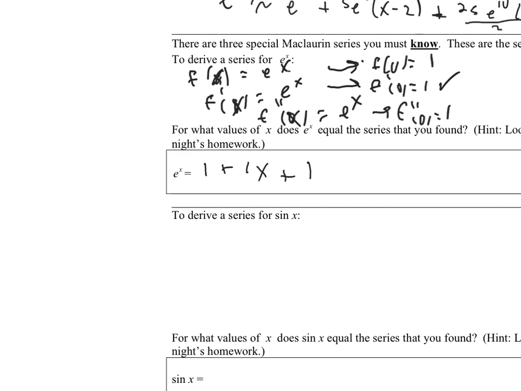And now remember what happened. It was a 2 power. So it's going to be x to the second, over the 2 factorial, plus the third one, which is another 1. X minus 0 is still x. X cubed over 3 factorial. And I remember that term, plus, plus, plus, plus.